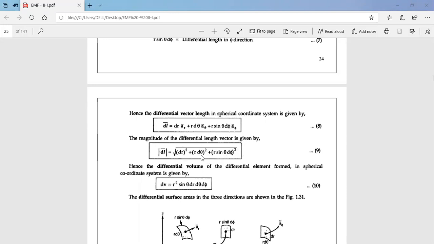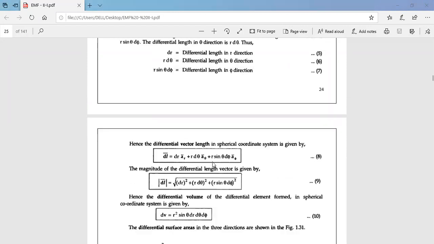And the differential volume now is that you just multiply the whole of them: r squared sine theta dr d theta d phi.